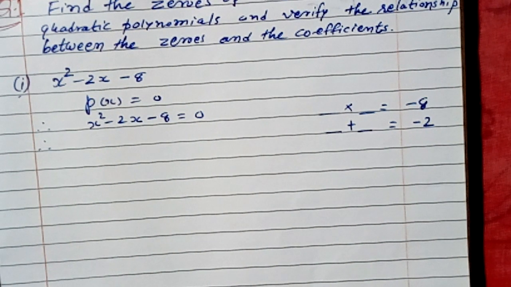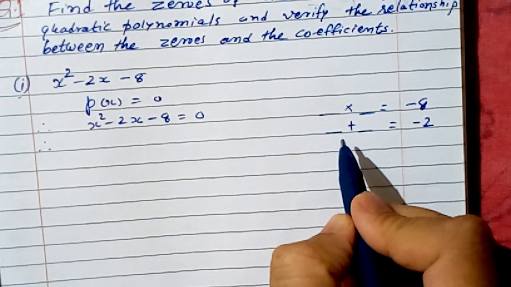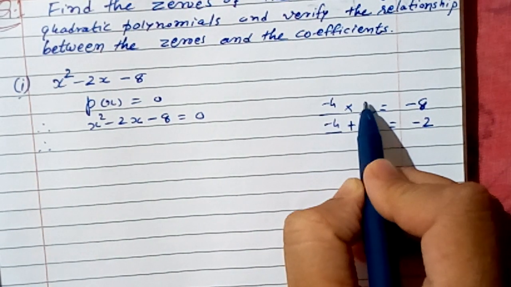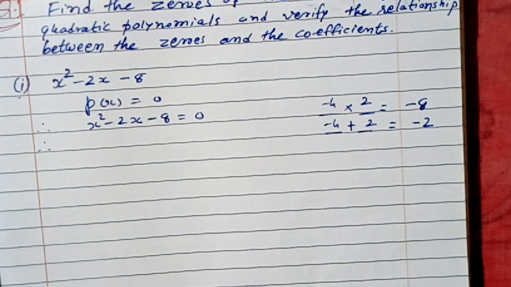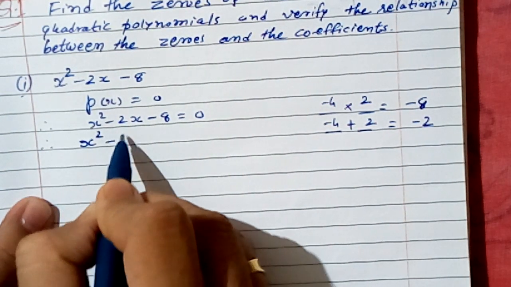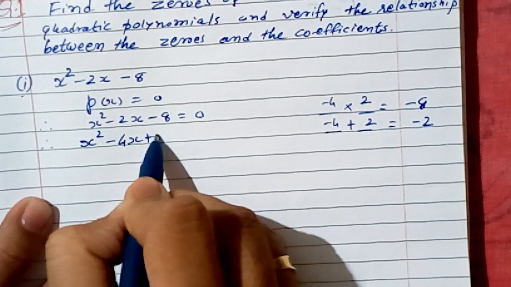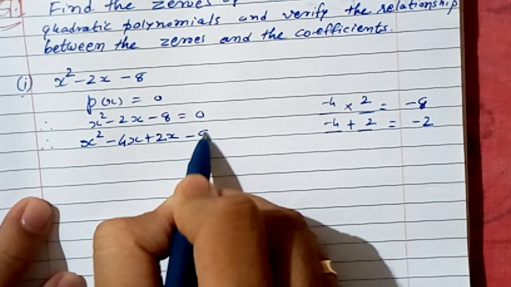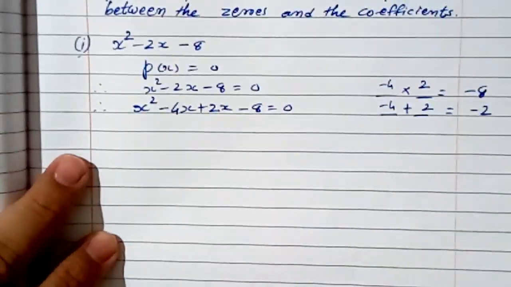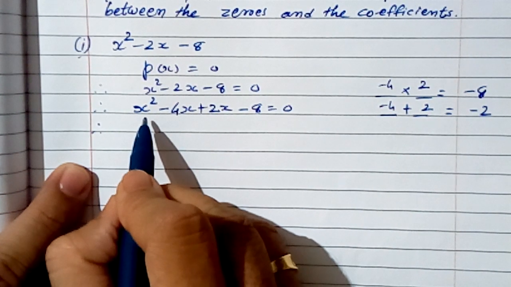Minus 4 plus 2, we are getting minus 2. And minus 4 into 2 is minus 8. So we can split here x square minus 4x plus 2x minus 8 equal to 0. Right? Therefore, what can we get common from first two?